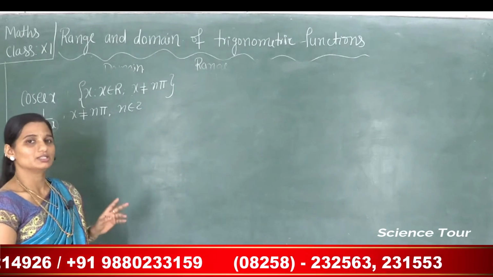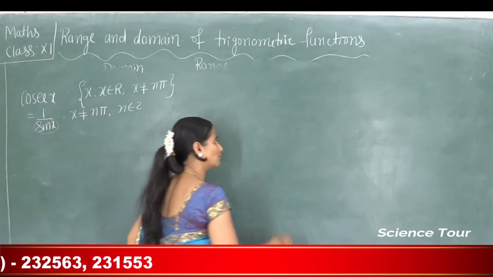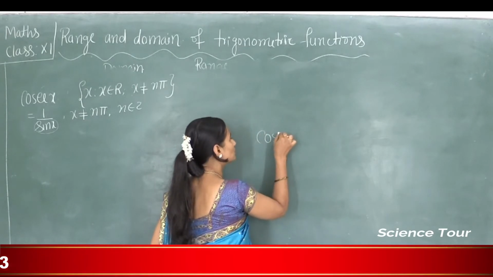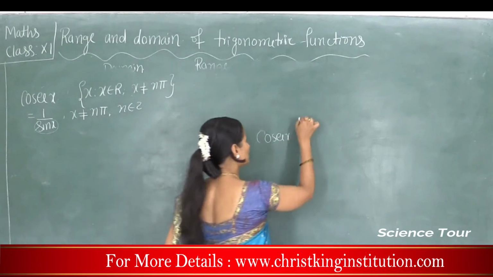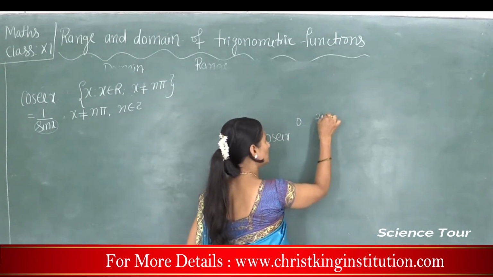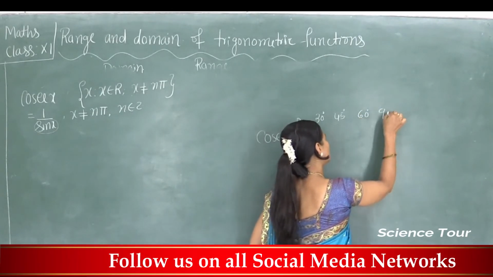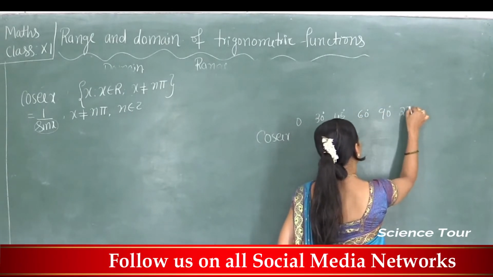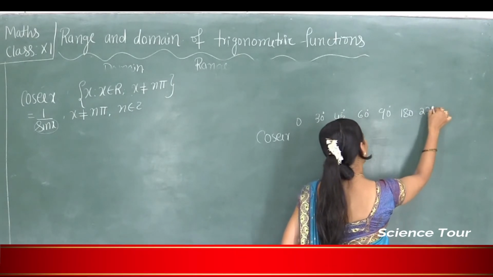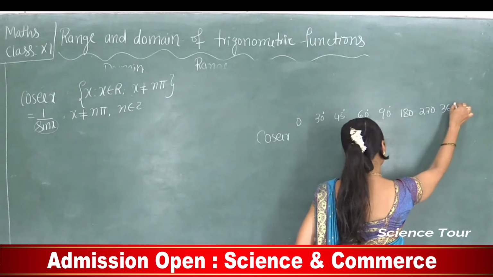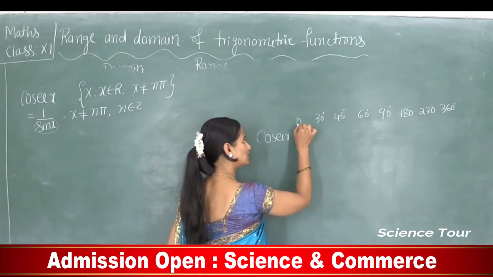Now next, range. How to get the range of cosecant x? See the table of cosecant x, the values of cosecant x, and the maximum and minimum values. Cosecant x at 0, 30 degree, 45 degree, 60 degree, 90 degree, 180 degree, 270 degree and 360 degree. Now what is cosecant 0?